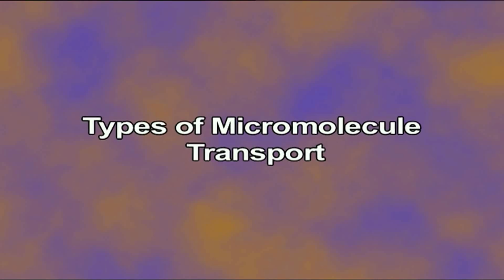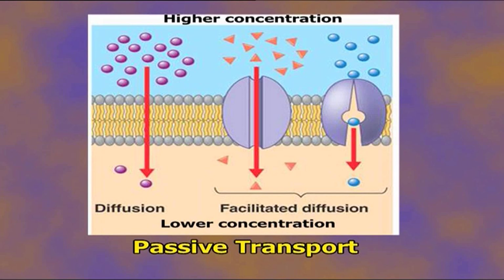Types of micromolecule transport. Depending upon the expenditure of energy required, the micromolecule transport can be classified into two types. Number 1, passive transport. It is movement of molecules from higher concentration to lower concentration across the plasma membrane, either spontaneous or by mediating some carrier protein, without expenditure of energy.